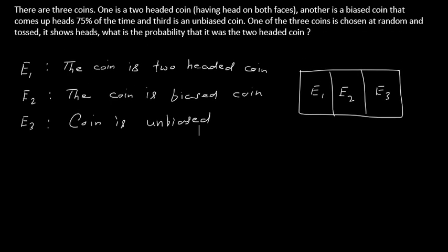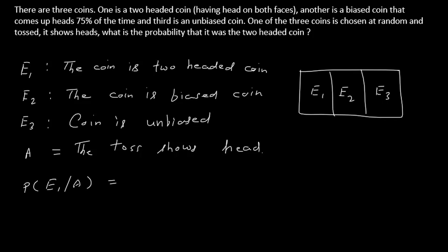Now there is an event A that it shows a head. Event A is what? The toss, I will say, shows head. Okay, we have to find the probability that when the toss shows head, it is a two-headed coin. Means we have to find the probability of E1 when A is known.